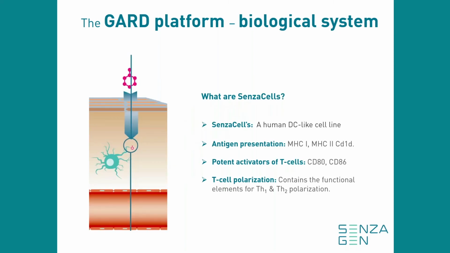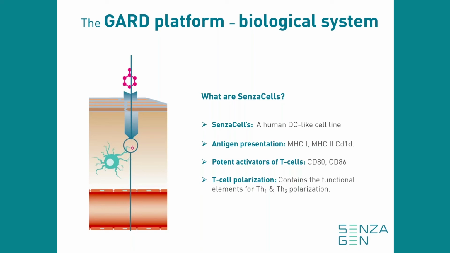So the cells that form the core of the GARD assay are a dendritic cell line from humans called SenzaCells. This cell line is very similar to human primary dendritic cells. They are capable of taking up and processing antigen on MHC class 1 and class 2 complexes, and also on CD1d.